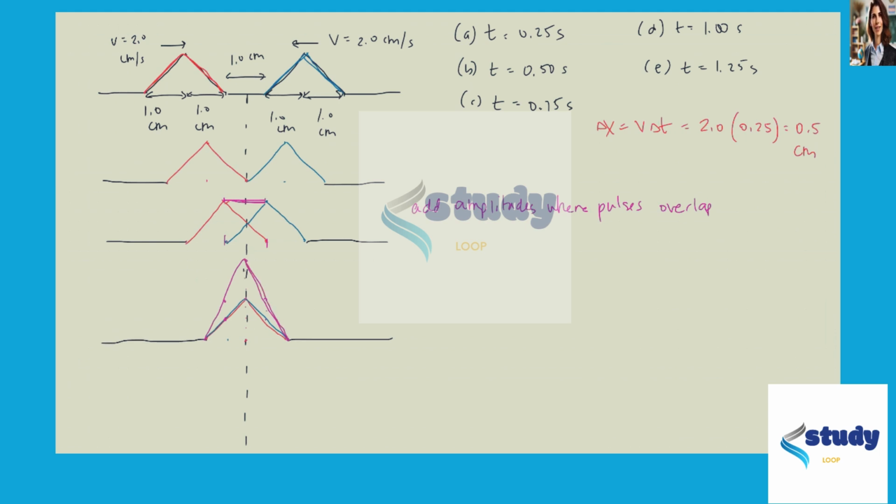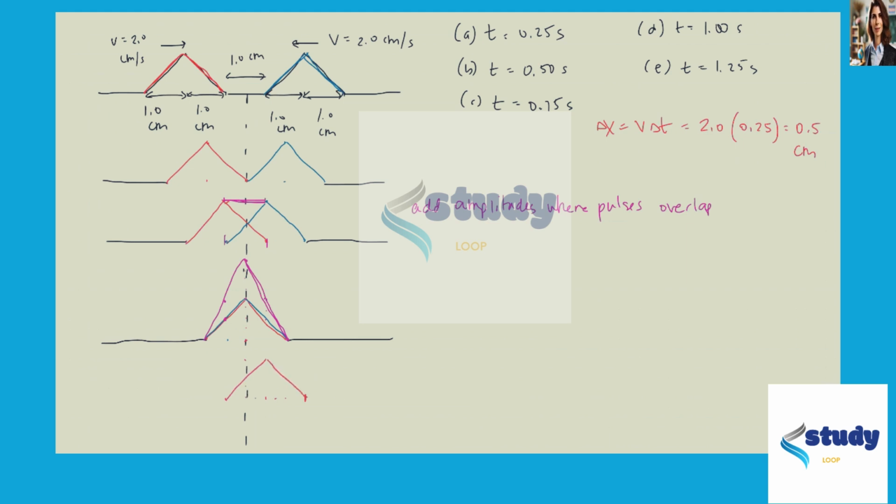And now we're going to keep advancing our red pulse 2 more blocks to the right. So it's going to look similar in position to where our blue one was in the diagram before the full overlap.